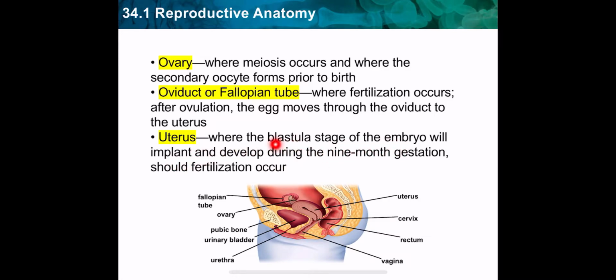After formation of the zygote, after a few days it will implant inside the uterus in the form of blastula, with 3 germ layers, and develop during the 9-month gestation. This 9-month gestation occurs after fertilization and implantation of the embryo in the uterus.